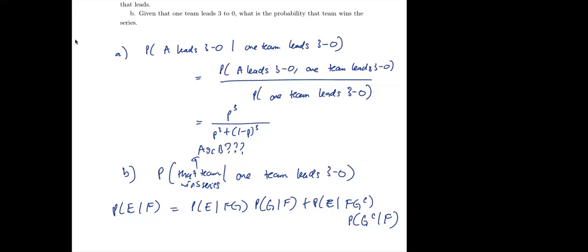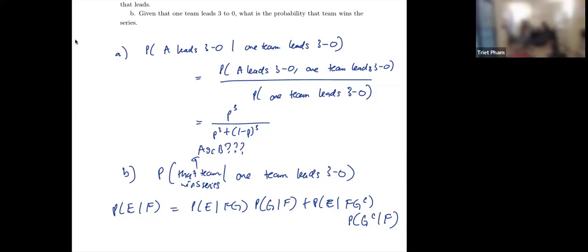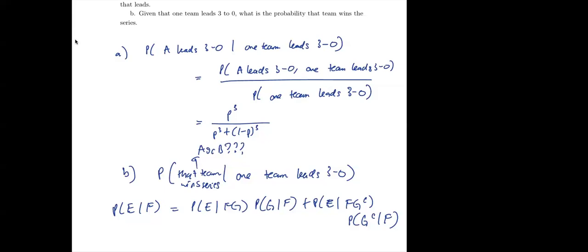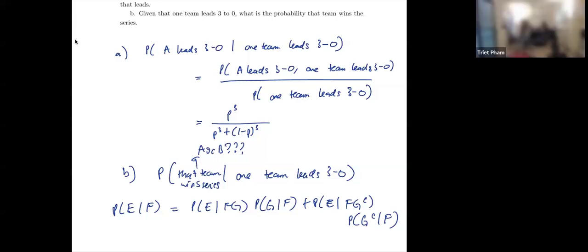Not one match either. The information is that one team leads 3-0. Where is the ambiguity? You want the information just to resolve that ambiguity. It might be 4-0 or 4-1, 4-2, 4-3 cases? Nope.